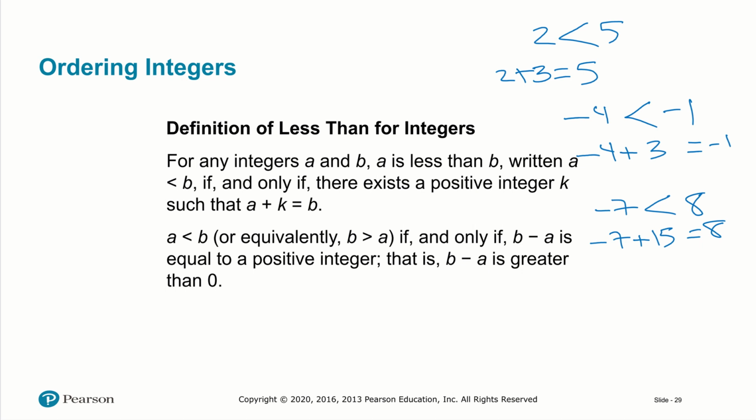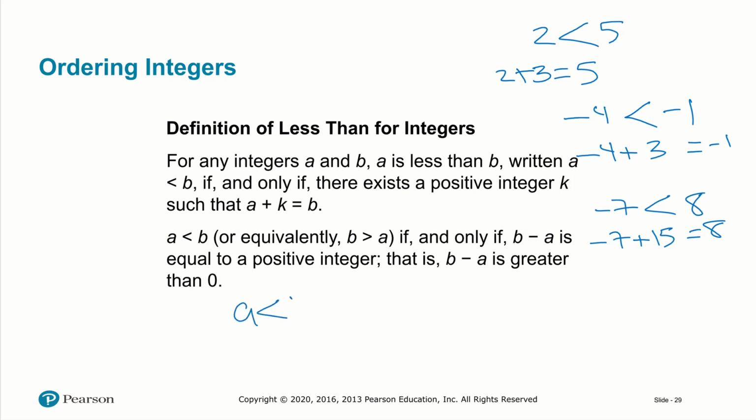Another way of saying that is to say that A is less than B if and only if B minus A is a positive integer. See, that's a nice way of putting it too, right?